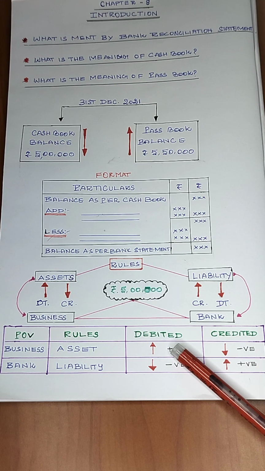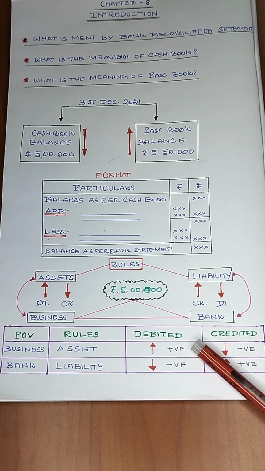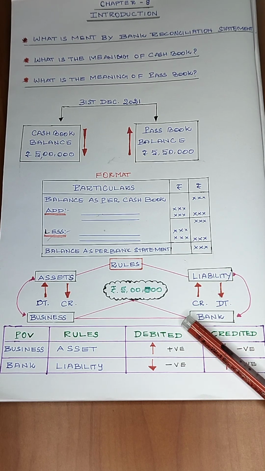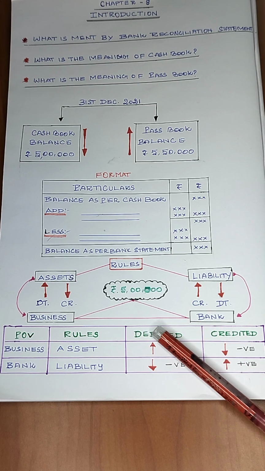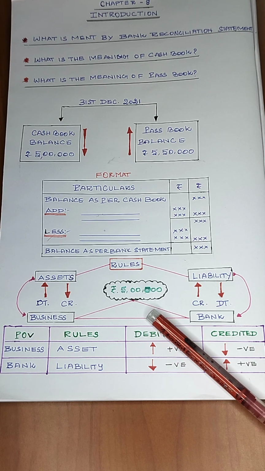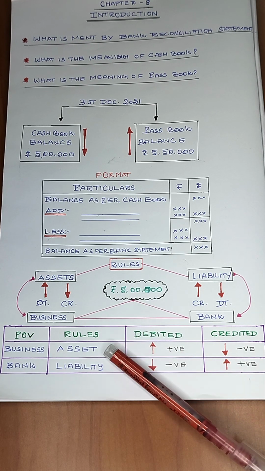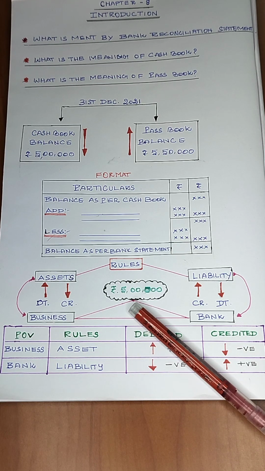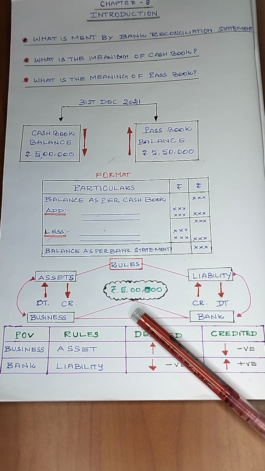So for the bank, what is the money? The money is a liability for the bank. It doesn't own it. It's just keeping it. Whenever the business demands it, like through ATM, Paytm, demand draft or pay order, the bank has to pay it back to the business. So that 5 lakh rupees is a liability for the bank because the bank has to pay it back to the business.